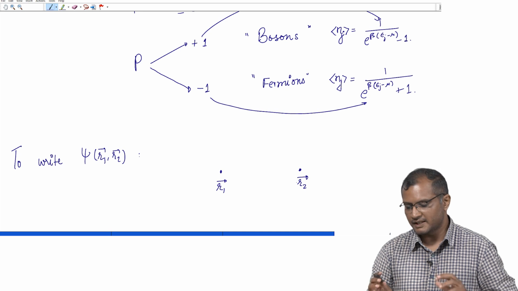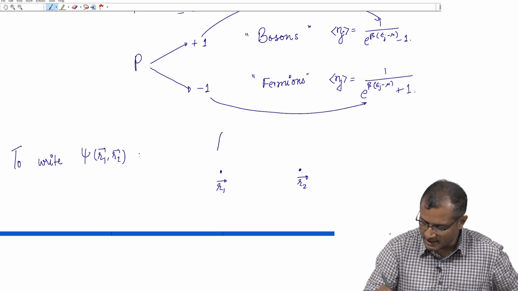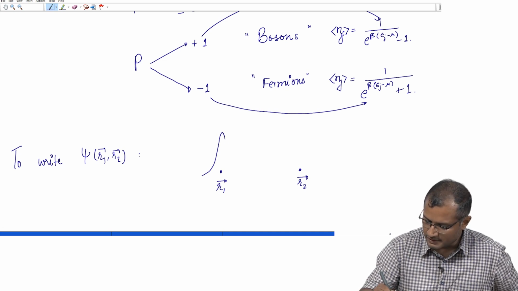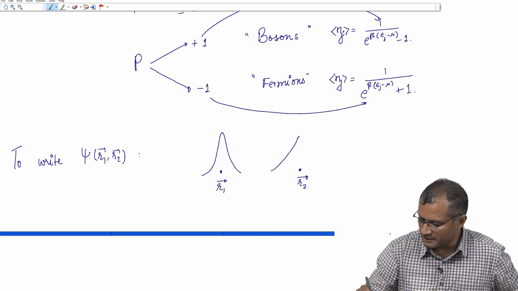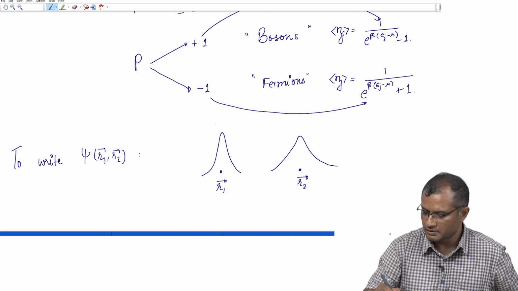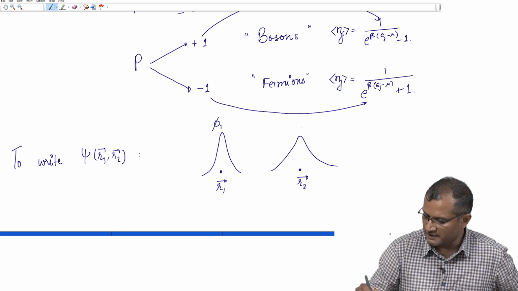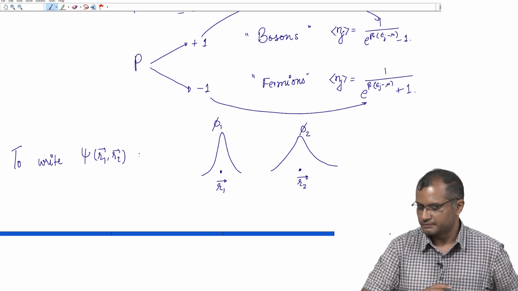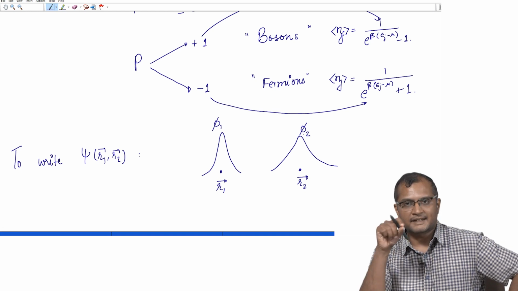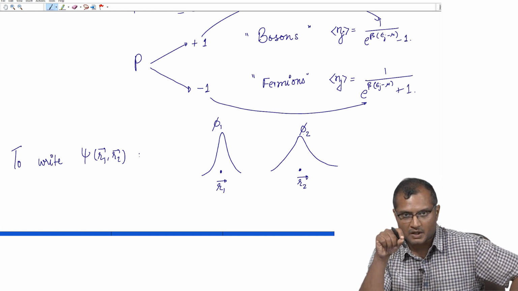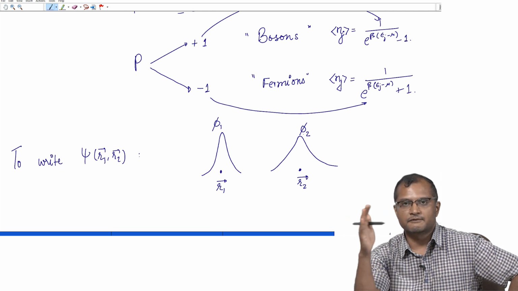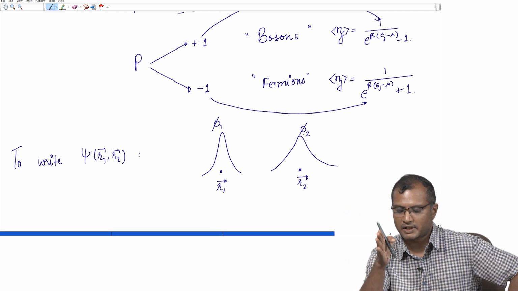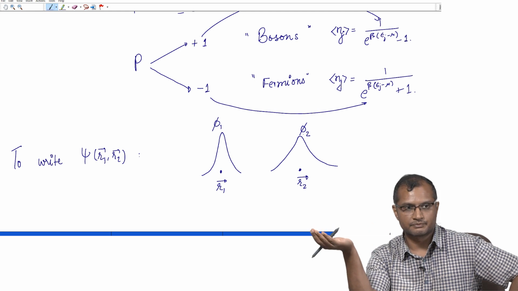Meaning of single particle state is that I can consider two localized wave functions at the location of r1 and r2. So, maybe you have another wave function which is localized at r2, call the first one phi 1, call the second one phi 2. Classically you have a particle there at r1 and r2. Quantum mechanically it is represented by a wave function which is localized around r1 and r2.